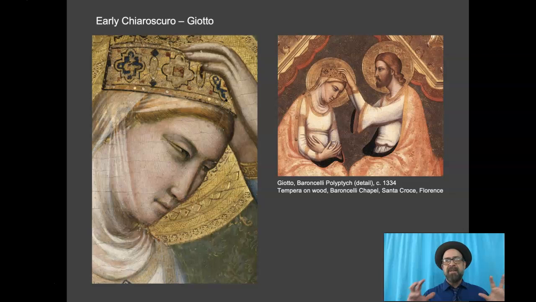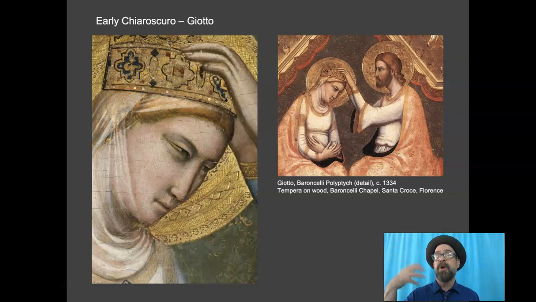And so you can see here in this detail, there's a little bit of shadow under her chin and around her facial features, right? And the hands, a little bitty hint of shadow along the edges, okay?